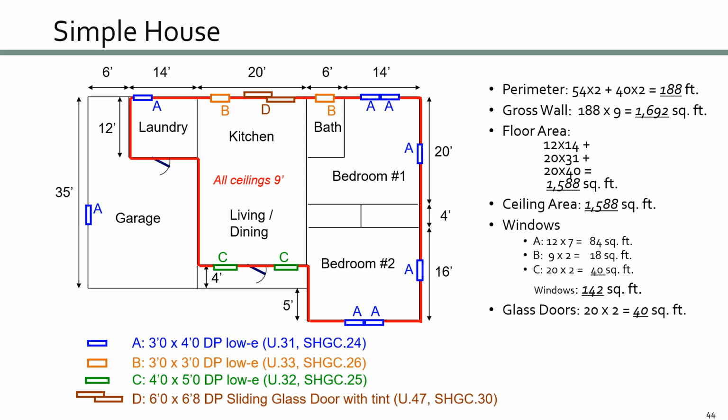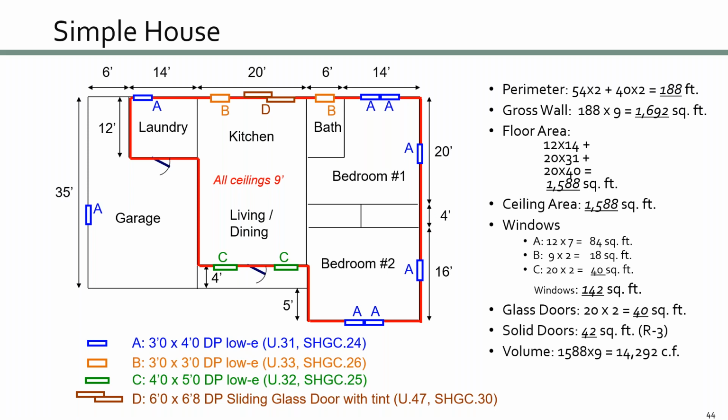We've got two sliding glass doors, which we're going to say are just double pane, not low E, and they have a tint, so they have a U factor of that and a solar heat gain of that. There's also a front door and a door to the garage, so we'll account for those. Those are my basic assumptions. If I need the volume, it's just the floor area times the ceiling height.